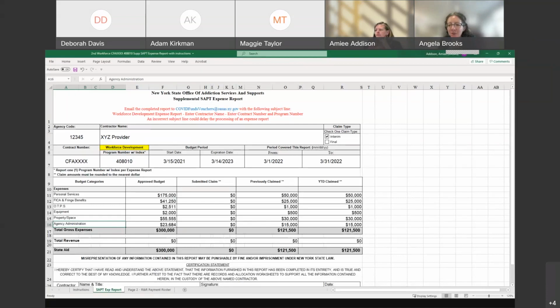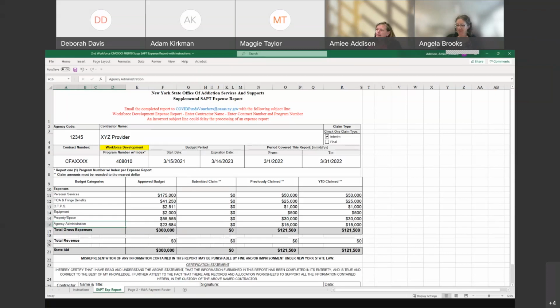Just want to confirm that we need to submit supporting documents like invoice and payment remittance for OTPS, equipment, and property, along with the expense report. Yes. No supporting documents required for PS, fringe benefits, and agency admin, right?